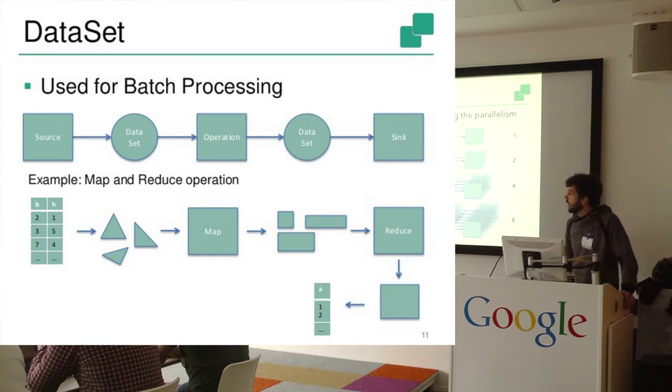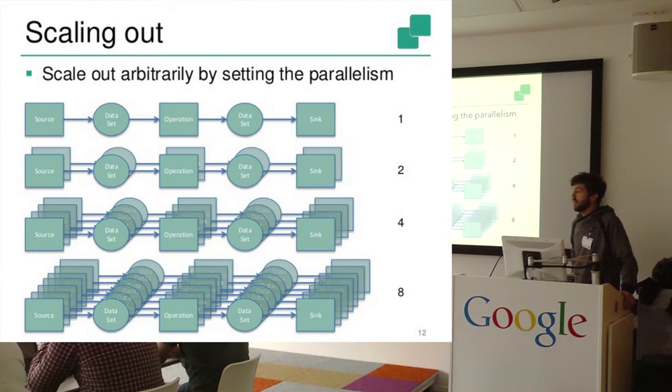And the cool thing about this data flow engine is that you can actually set the parallelism in your program, and it basically allows you to scale your program to an arbitrary amount of machines and parallel processes. There's no extra work you have to do.